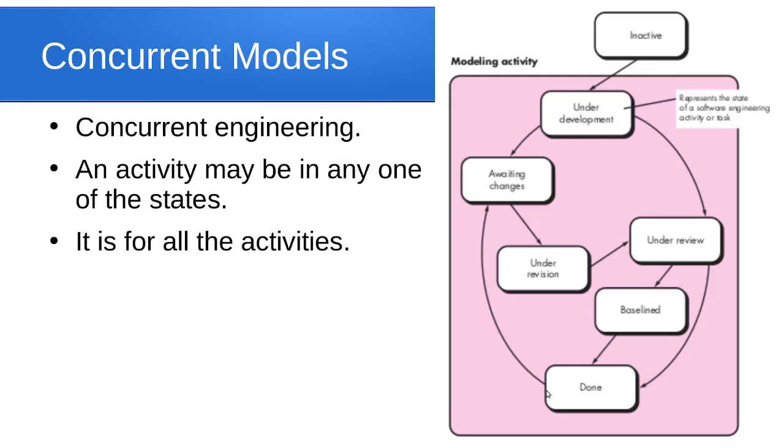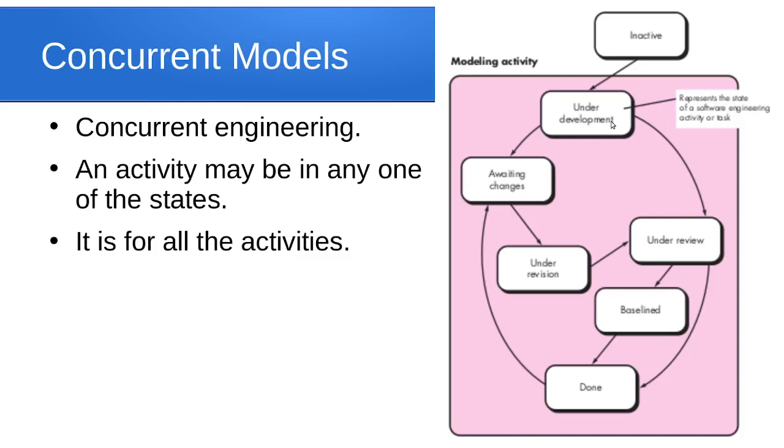After that, they can again go to the awaiting changes state. So these are all the possibilities. If certain changes come sometimes, then they can be revised again, then reviewed and done. So these are certain states in which all the activities can be.